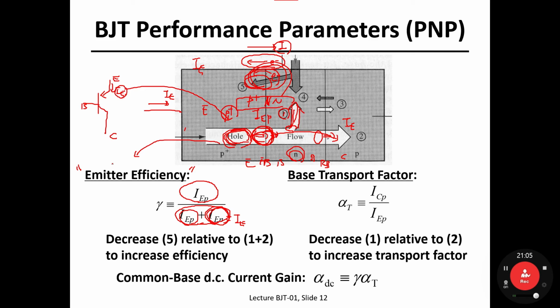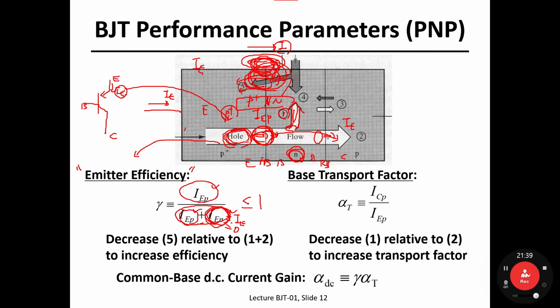So, the way to enhance the emitter efficiency is this. My question is how to increase the emitter efficiency. If you take a look at the component here and there, the maximum value should be 1 because I sub En cannot become 0. This is an n-side, so a very tiny amount of electrons would be injected into the p side, emitter side, once this emitter base junction is forward biased.